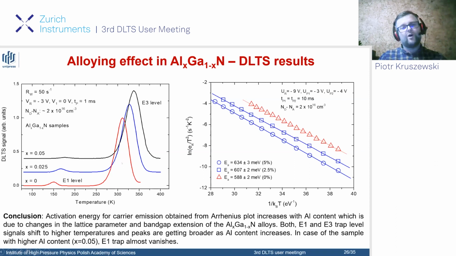It seems that the peak is broader in the 2.5 and 5% samples, and we also observe broadening in case of E1 for 2.5 and 5%. Here is a very small peak, however, the full width at half maximum is much larger than in these two cases. The activation energies obtained from Arrhenius plots give us 588 milli electron volts, 607 milli, and 634 for those samples. So you see the difference, that the trap is much farther from the conduction band.